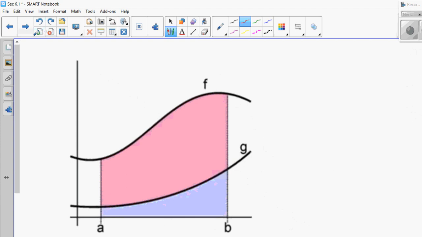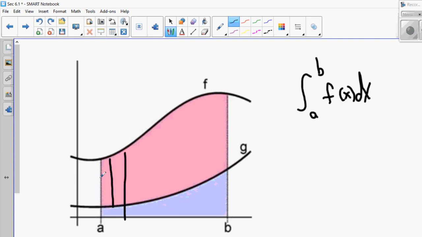We'll come back to this one in a second, but let's just talk about in general how we would do this. So imagine we want to find the area between f and g, the pink area here. Now, we know from our integrals, if I found the integral from a to b of f of x dx, that is going to be this whole area all the way down here between f and the x-axis.